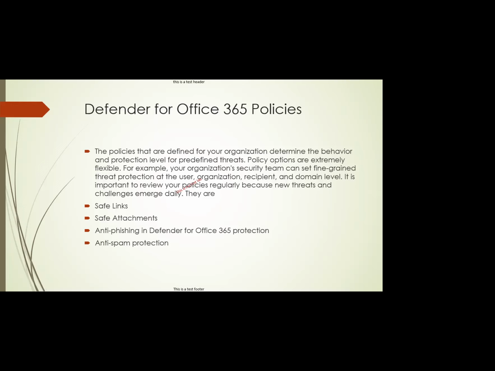It's like you have a car and you don't drive it. You have to enter the car to drive it for you to make use of it. So once you get safe links, you need to go in and configure it to protect your users, and it also helps you with threat hunting as well. We'll talk about these policies in detail in the following slides.